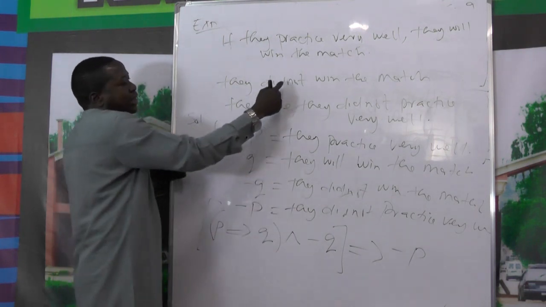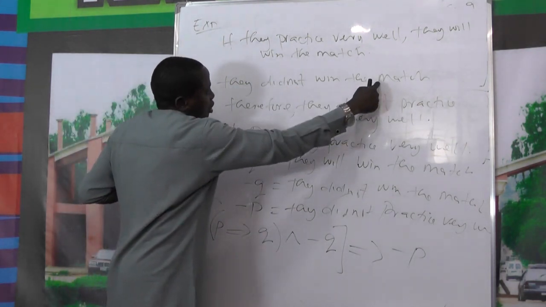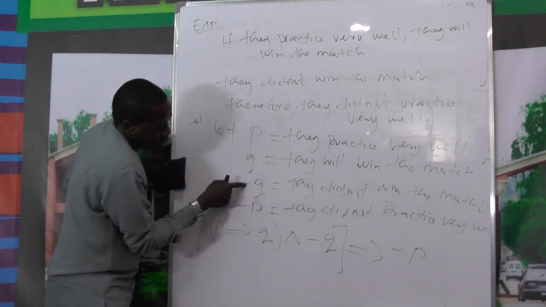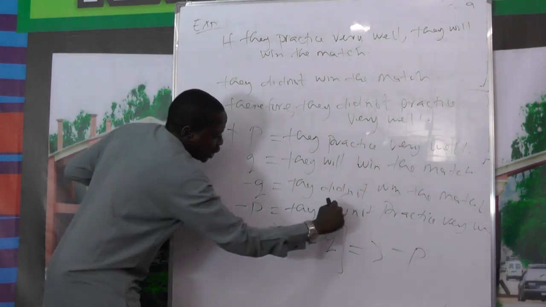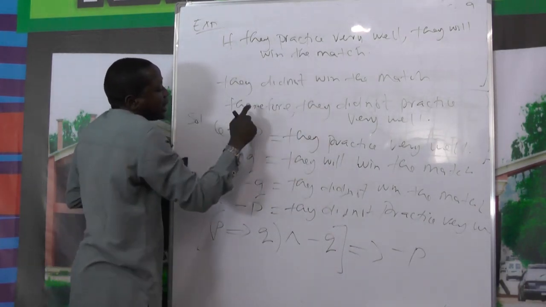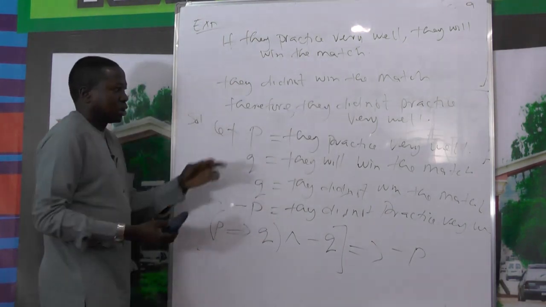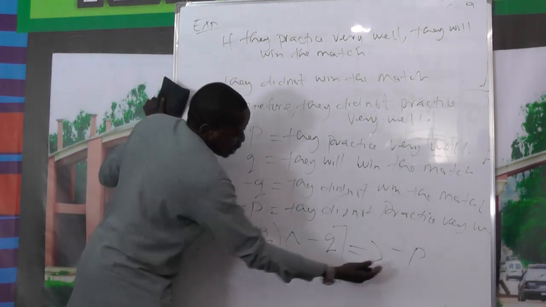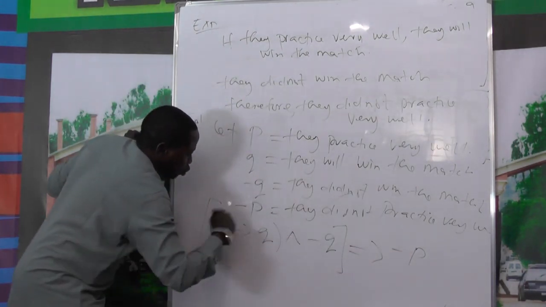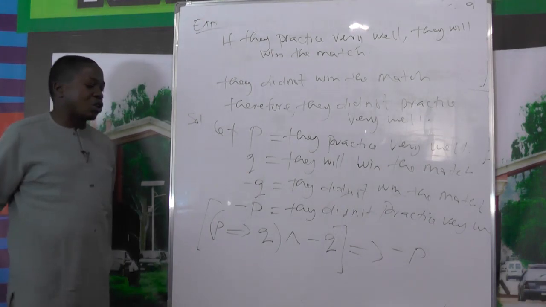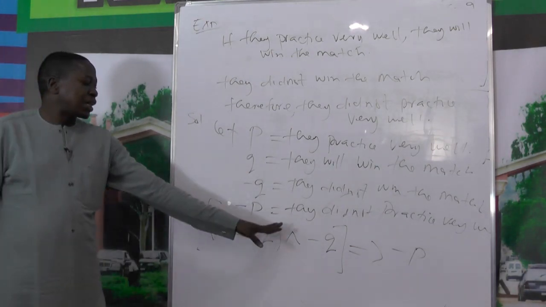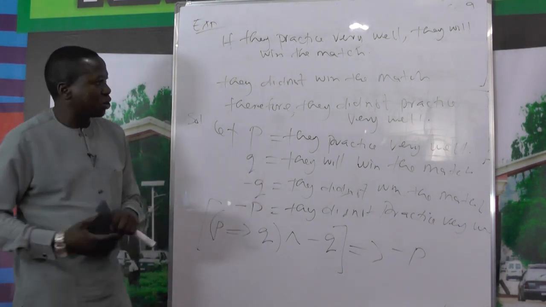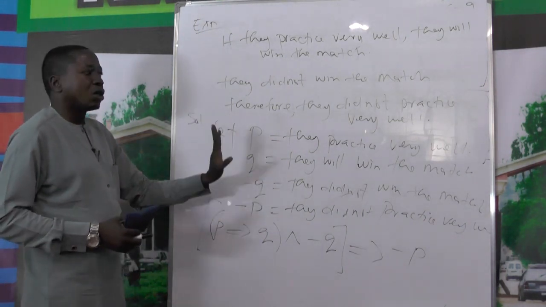And what is this one? They did not win the match. That is minus Q. So that's why I have minus Q here. These two things now lead to what we call the conclusion. Therefore, anything after therefore is our conclusion. They did not practice very well, which is minus P.